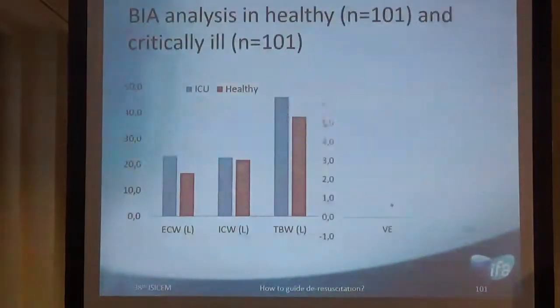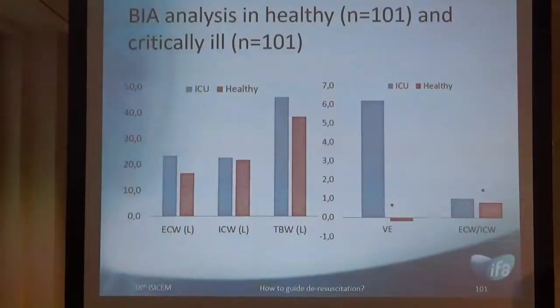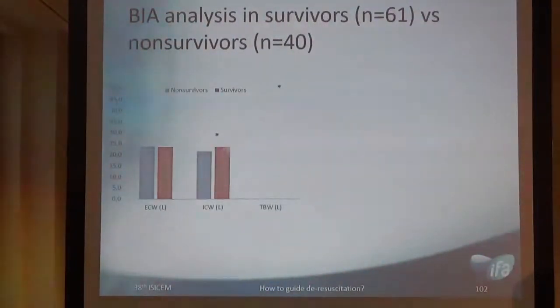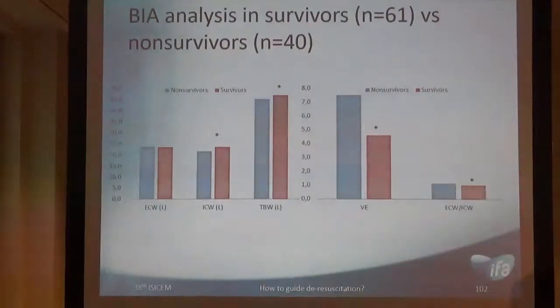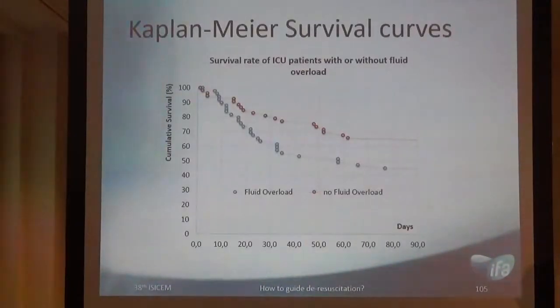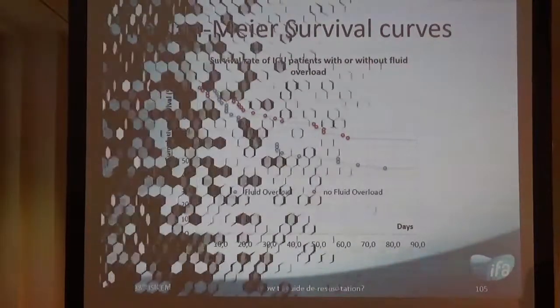We just preliminarily looked at this in ICU patients and found that ICU patients have a volume excess as compared to healthy individuals, and those patients who are going to die also had a much higher volume excess. And by using this to define fluid overload, because it's the 10% cutoff above baseline weight, you can see that patients with fluid overload defined by bioelectrical impedance analysis had a poor outcome.